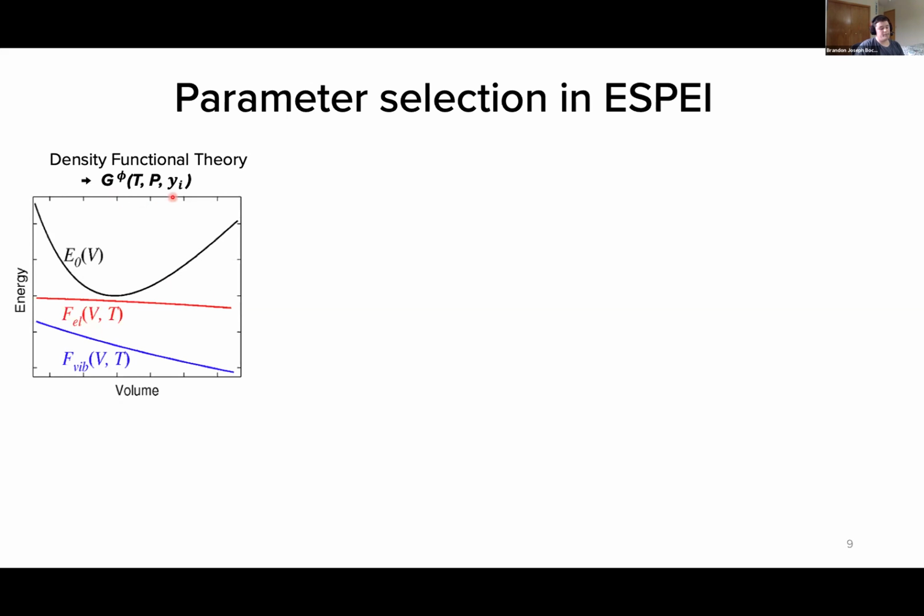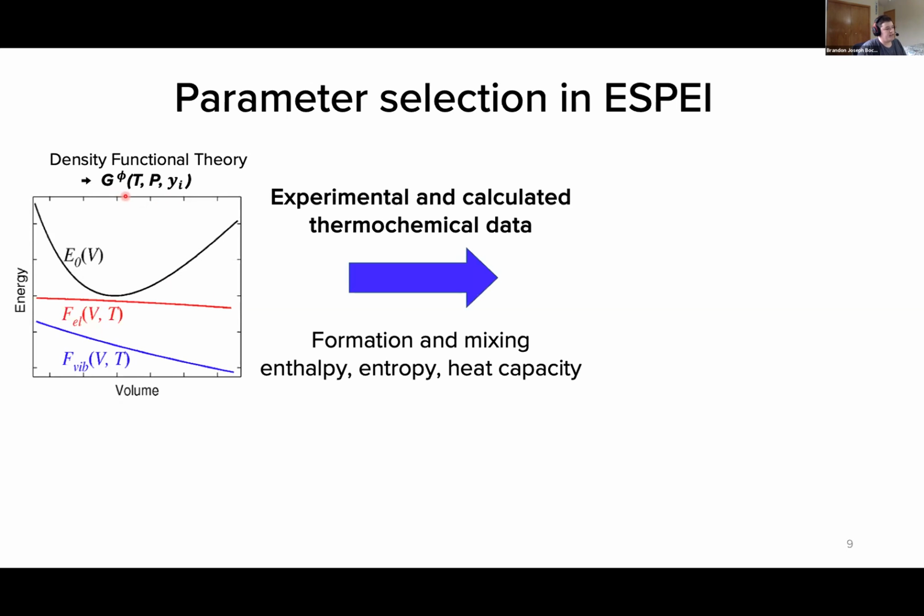This can come from, as we discussed yesterday, DFT or other ab initio methods like MD. We take this data and collect the derivatives of the Gibbs energy, so the enthalpy, entropy, and heat capacity, with respect to some reference states, either formation, mixing, or some other more complicated reference state. And then we want to parameterize them in a typical CALPHAD way.